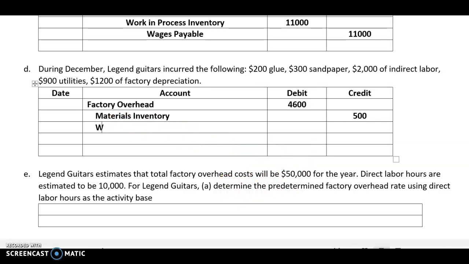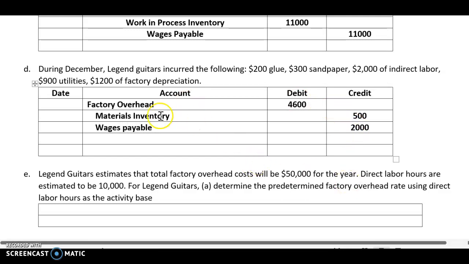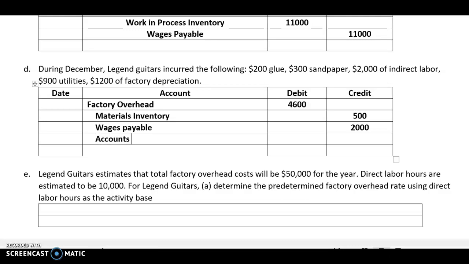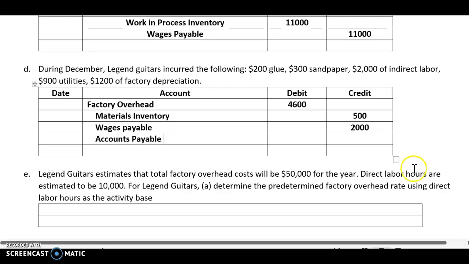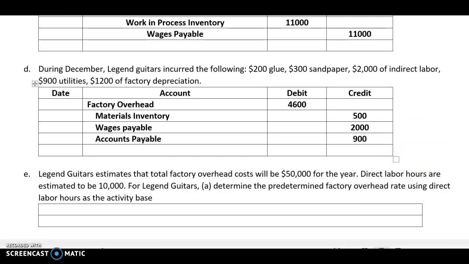So that's 2,000. Our utilities will go to accounts payable. And that was 900. And our factory depreciation will be accumulated depreciation.